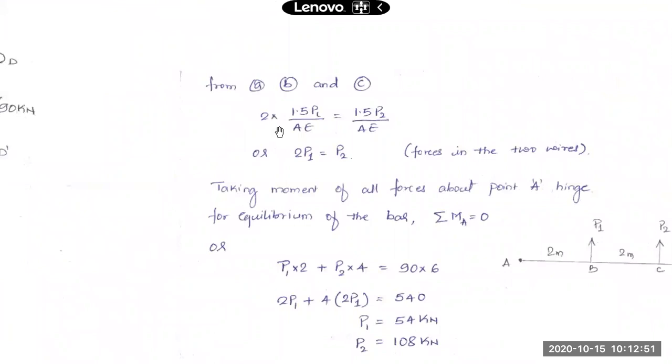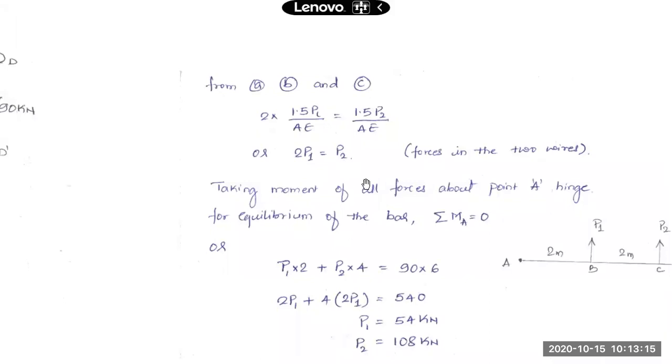On cancelling the terms AE and also this 1.5, you get 2 times P1 is equal to P2. So 2 into P1 is equal to P2. That is the relation between the force in wire BE and wire CF.